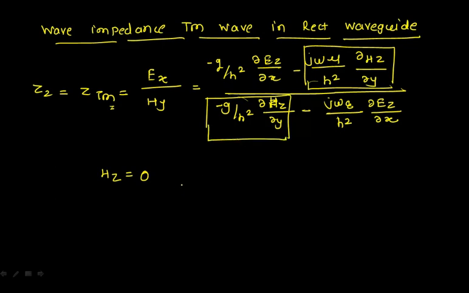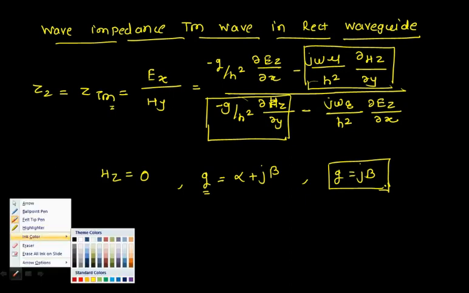Now we know that gamma is the propagation constant, which is nothing but alpha plus j beta. So when you say there is propagation, that means gamma must be j beta. So gamma must be j beta for propagation, and the attenuation constant must not be there. So by considering all these facts, we're going to rewrite this equation further.